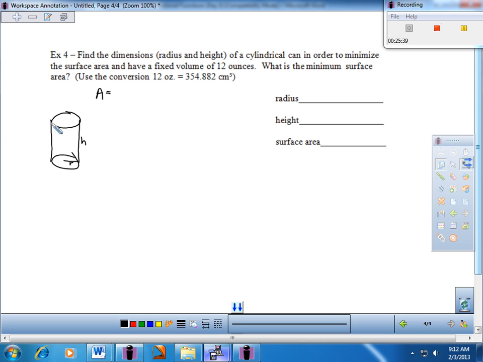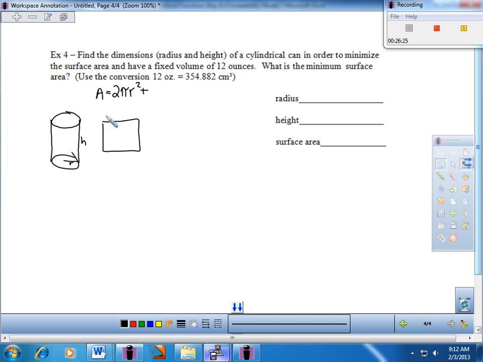Not sure if you remember this from your geometry classes, but the surface area of the can is to cover the two circles, top and bottom. And if you remember the area of the circle, it's pi r squared. So we have 2 pi r squared for the two circles, top and bottom. And then what we have is what's called the lateral area. If we were to unwrap the side of the can, we would get a rectangle, as a matter of fact.